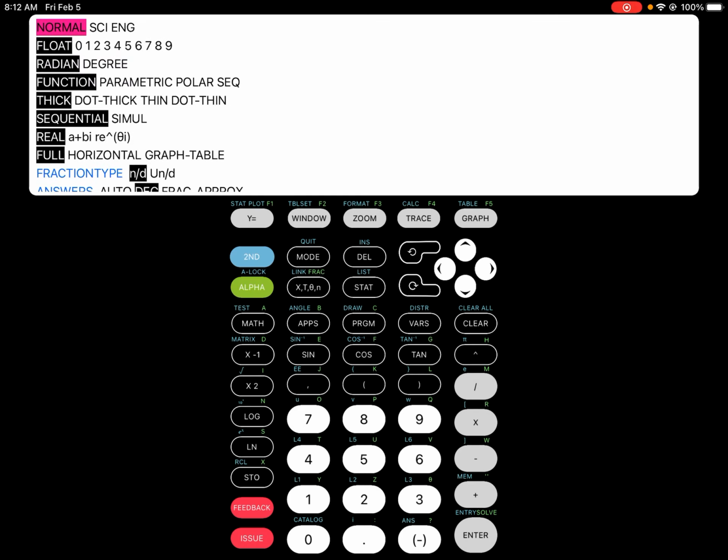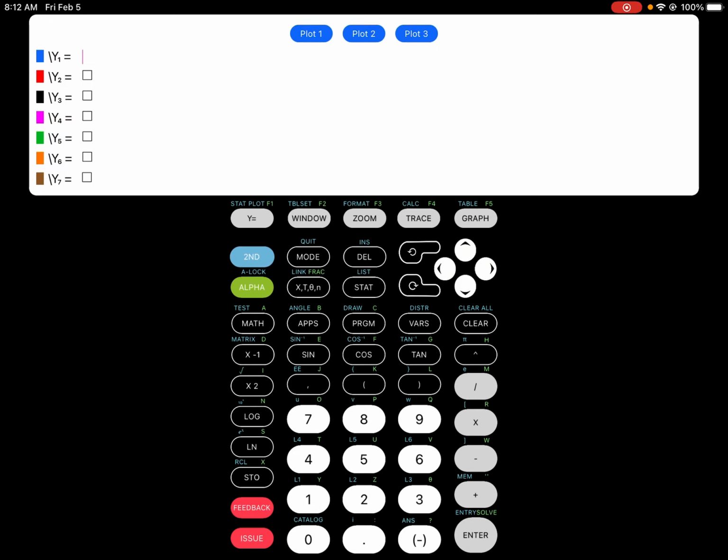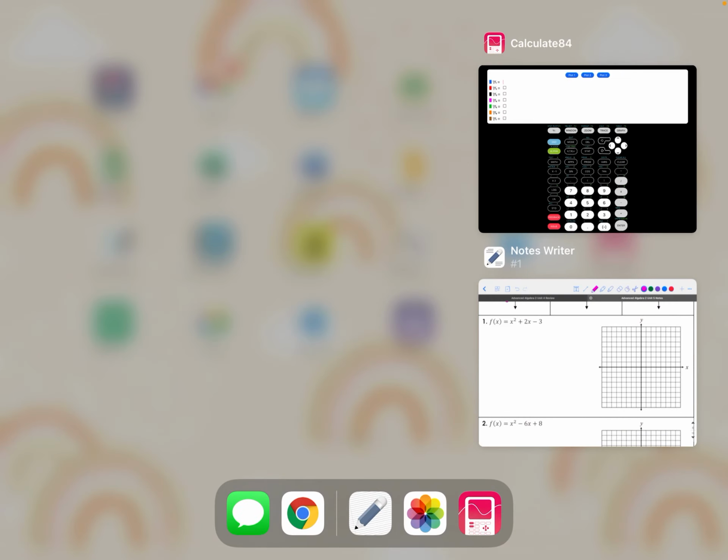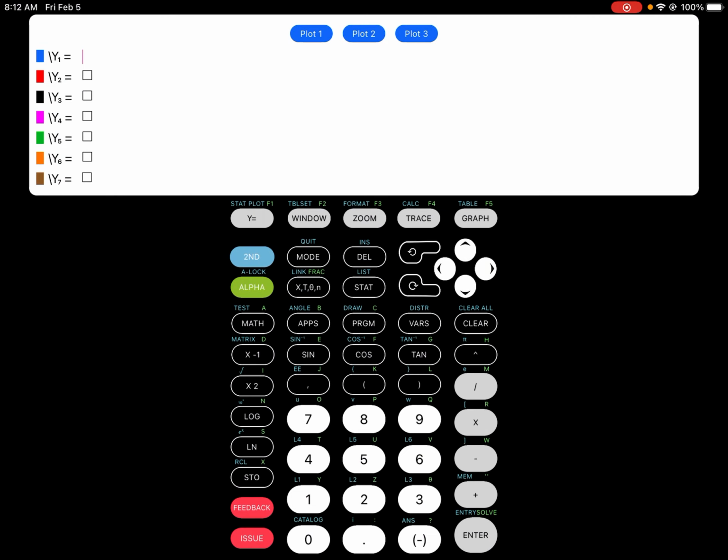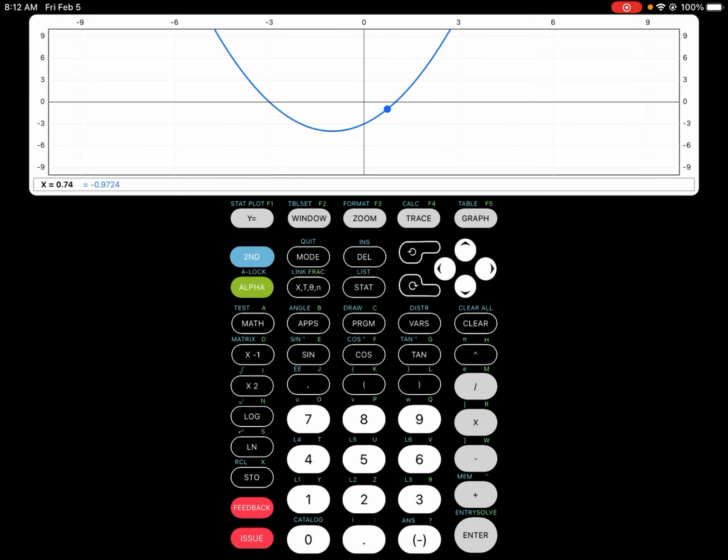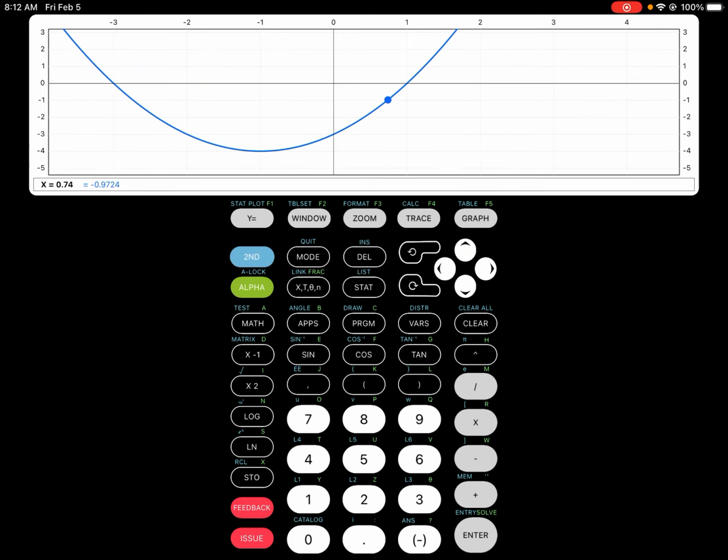Start out by going to y equals, and we're going to type in x squared plus 2x minus 3. Then we're going to click graph. Now your graph will look different.